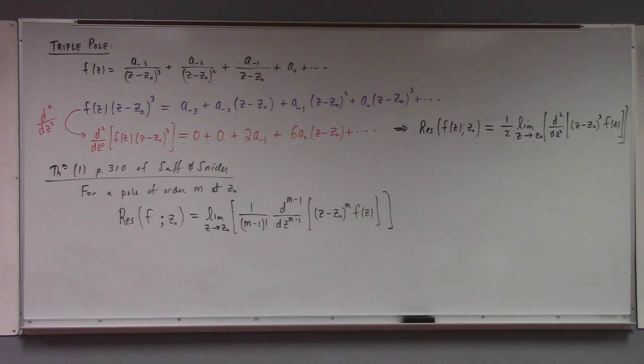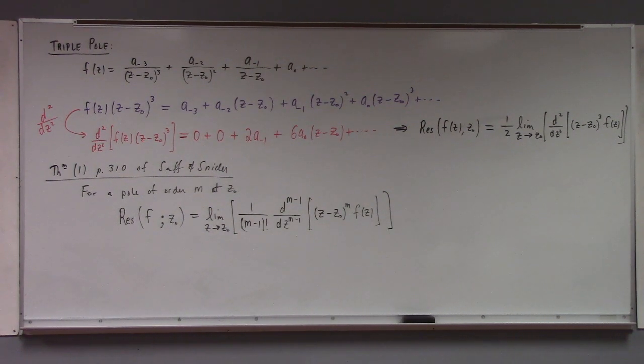So, holomorphic at z naught, and if g has a simple 0 at z naught, I guess I should say, then the residue of the quotient. Notice this one's not about a function that's given with a pole.